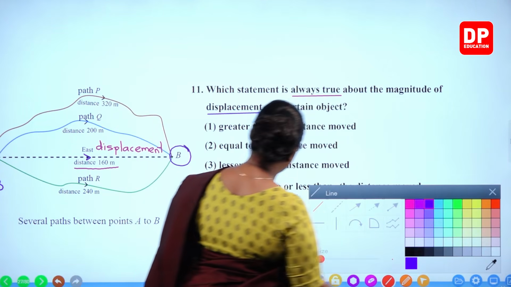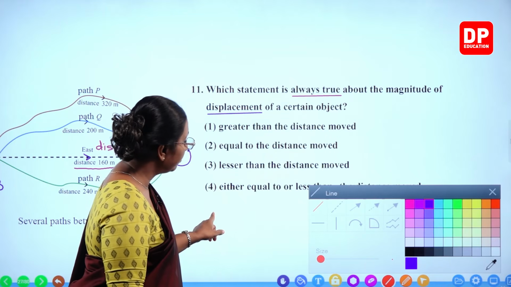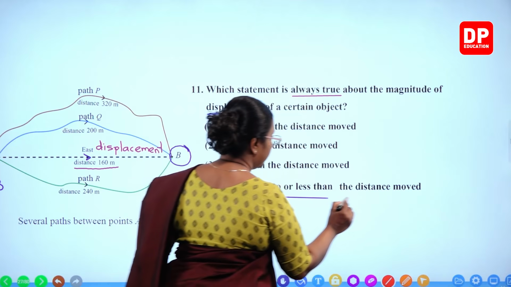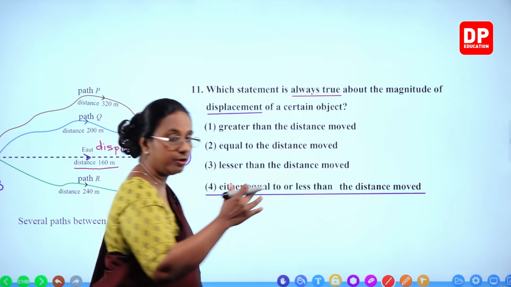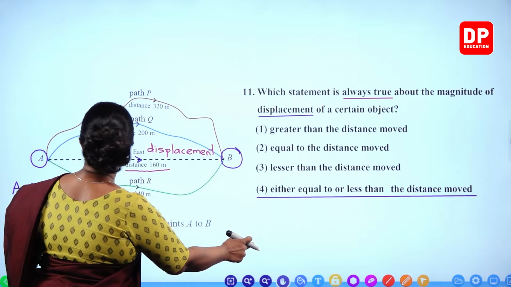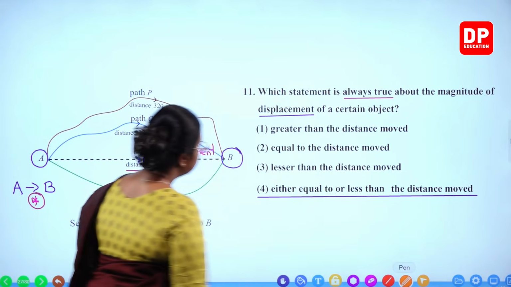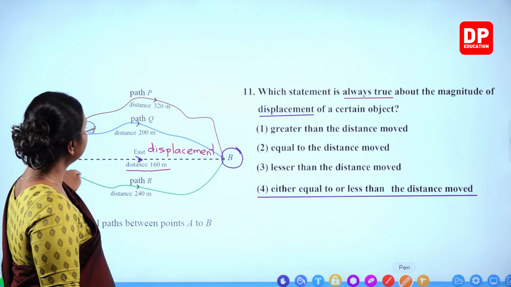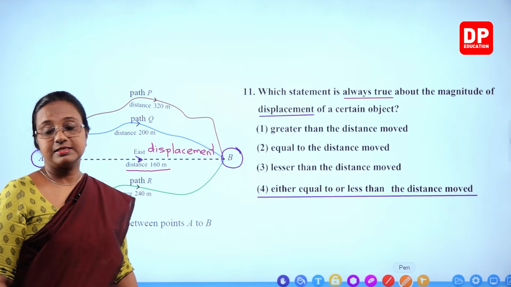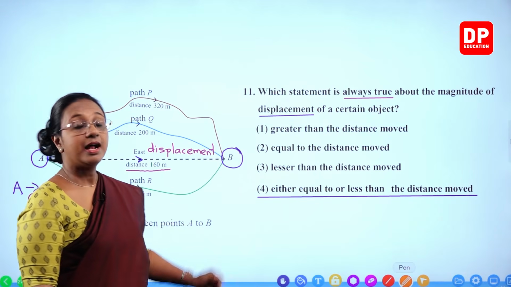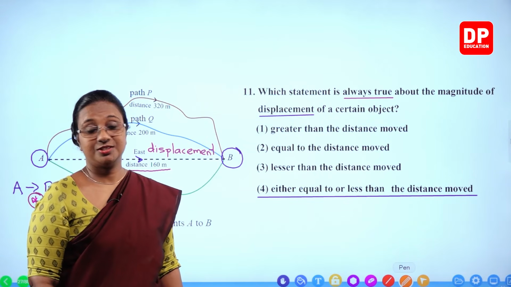So here the answer is either equal to or less than the distance moved. Is that clear? It can be equal or less than. So that is why I showed you all this diagram as well. You can see here, it is either equal or less than the other distances. Is that clear, students? So with that, I'll move on to the next question.